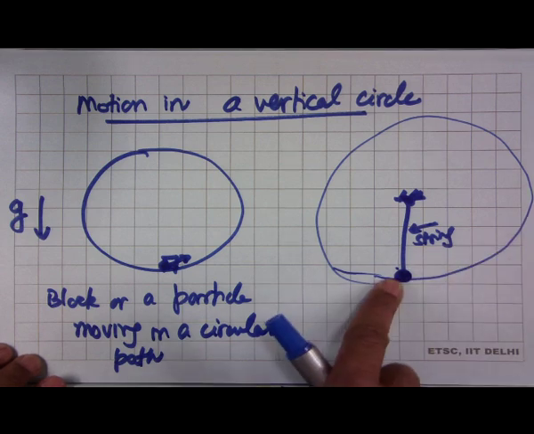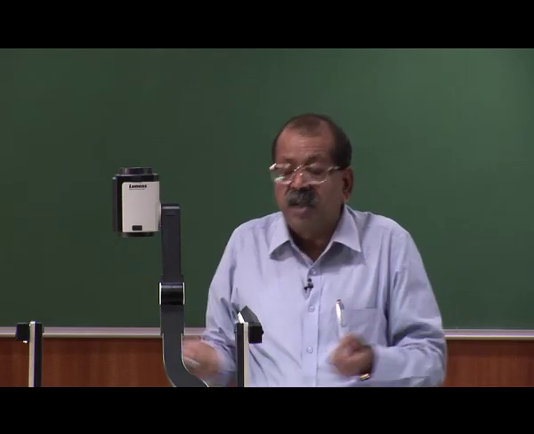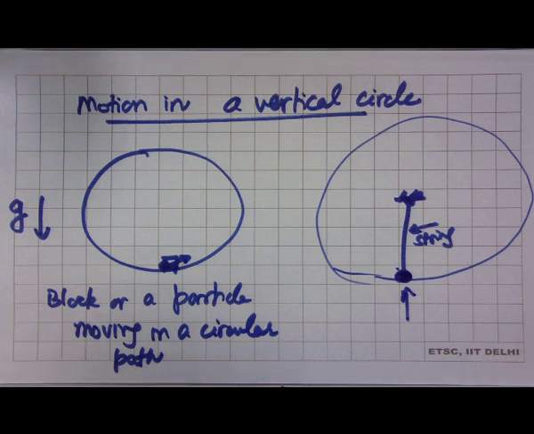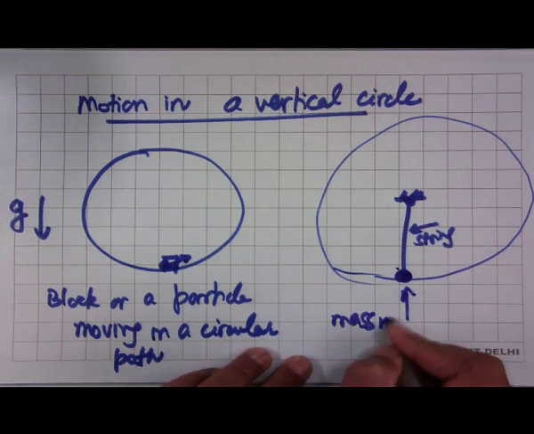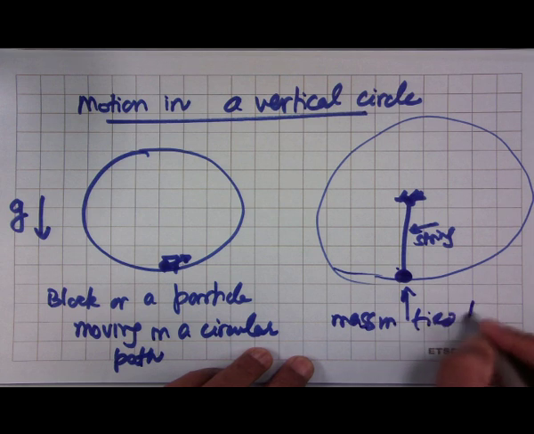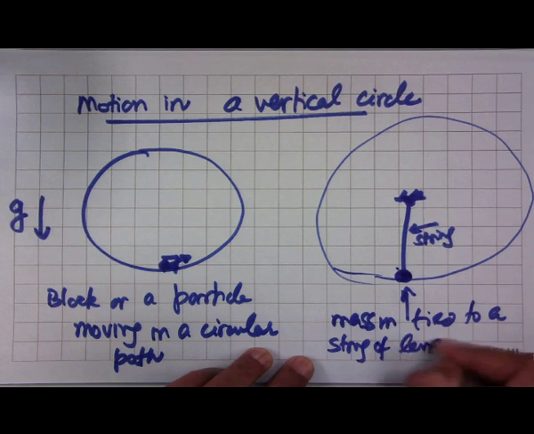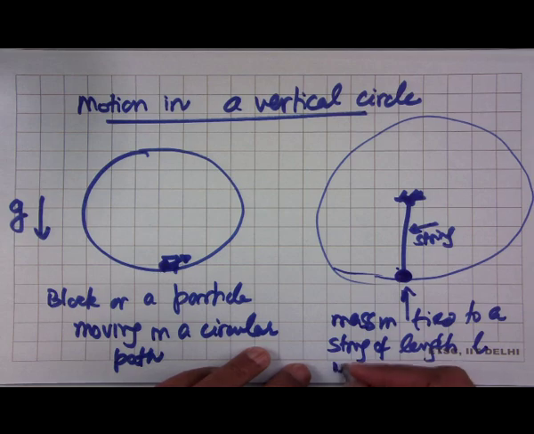Let us say at this bottom point it has a velocity v. Does it complete the circle? Does it oscillate? What happens to it? What should be the value of v is all what we are going to analyze now. So, this second case is a mass m tied to a string of length L in a vertical circle.